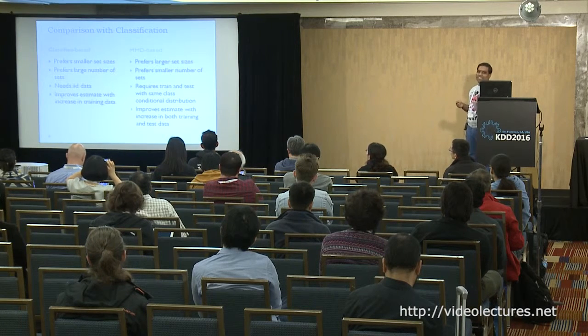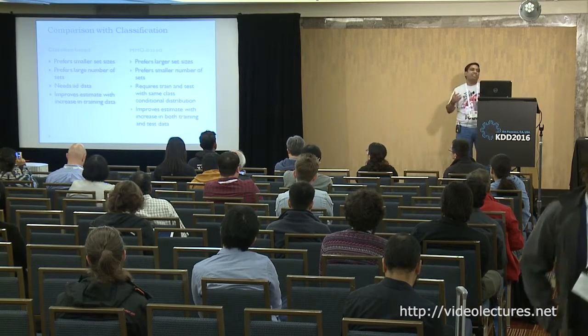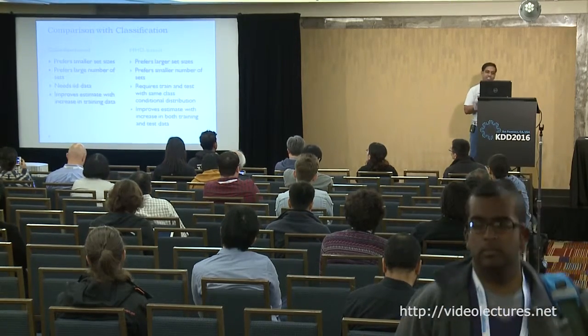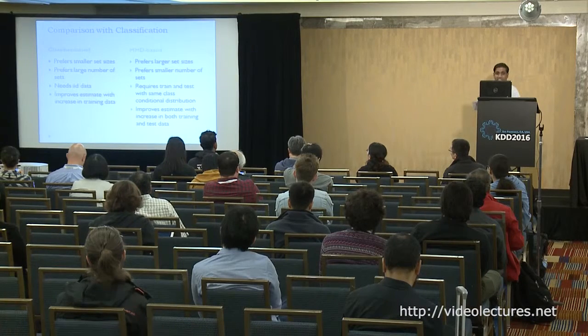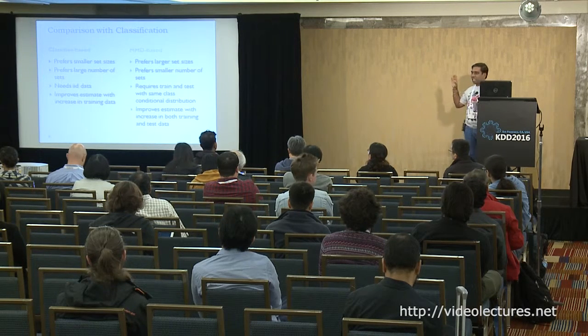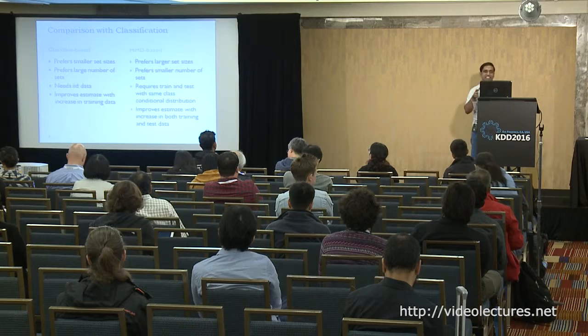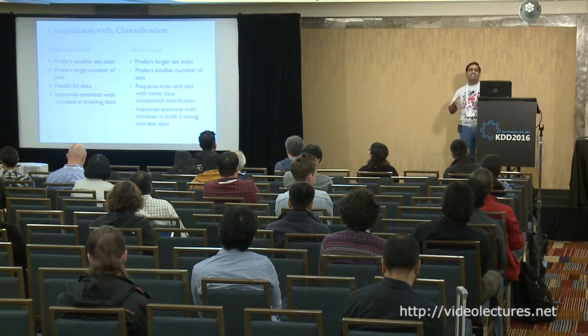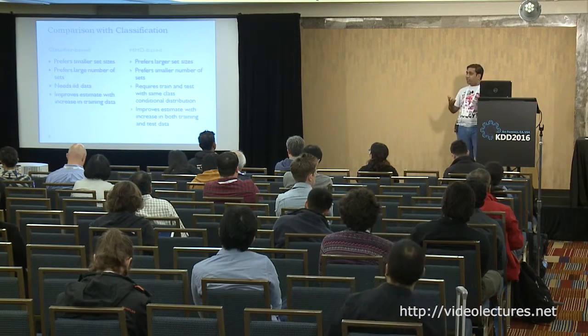A classifier requires IID data, while MMD-based requires a very relaxed assumption. We just need the training and test data to have identical class conditional distribution. And the classifier-based approach improves only with the training data size, but it is agnostic to the test data size. Our estimator takes into account even the test data, which means if you increase the test data size, your estimation can improve, which is a very big thing, right?